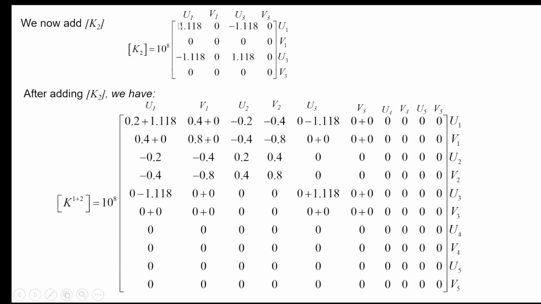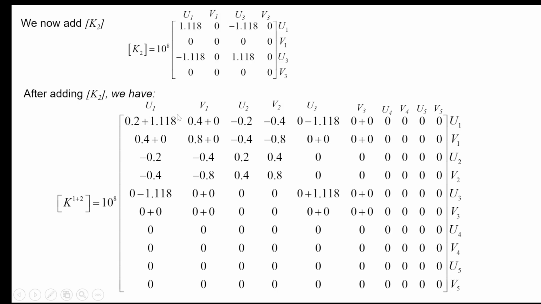For member 2 here, this is the stiffness matrix for member 2. If we pick this one, that is U1, U1. We come here, where is U1, U1? So this is the place. Remember, there was already 0.2 from the stiffness matrix of member 1, so we now add that of the stiffness matrix for member 2.